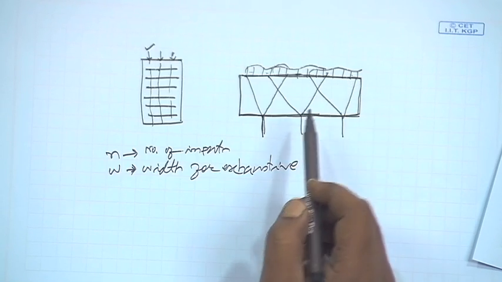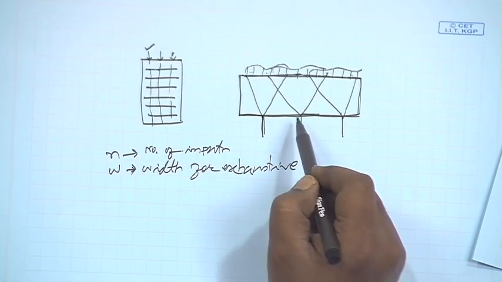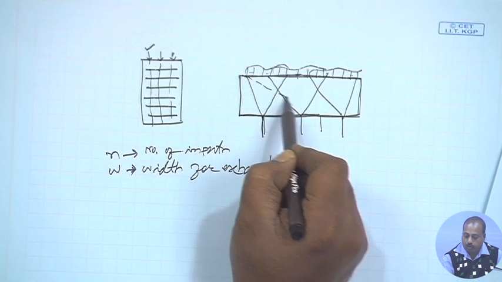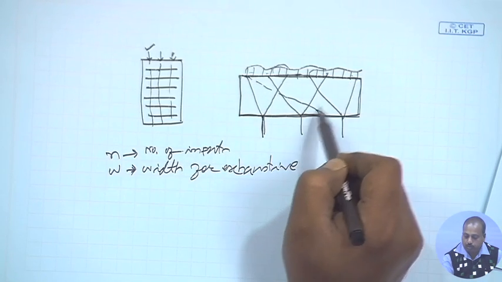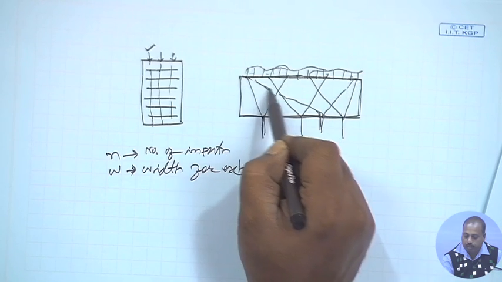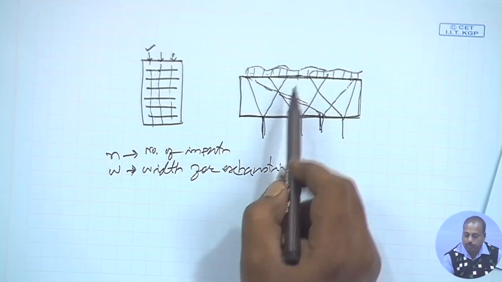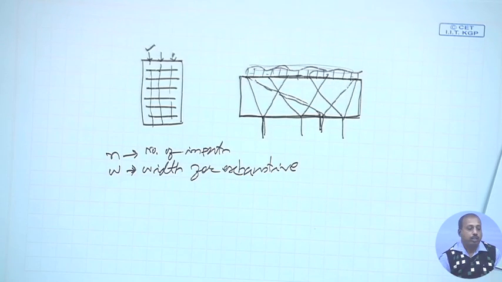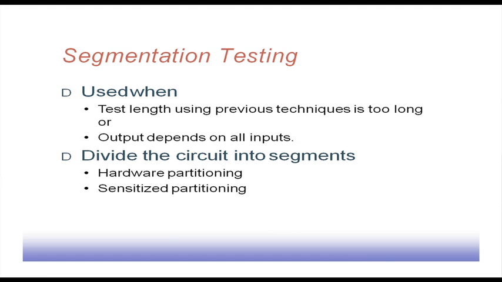But if that is not the case, and there is at least one output whose cone of dependency spans almost all the inputs, then for testing this output we have to apply exhaustive patterns to all these inputs. That makes it cumbersome. All the methods we have discussed will not be able to solve this problem, and the test length will become too high.